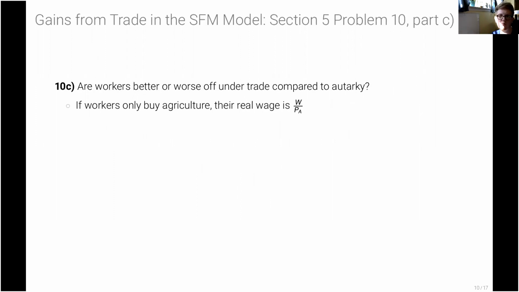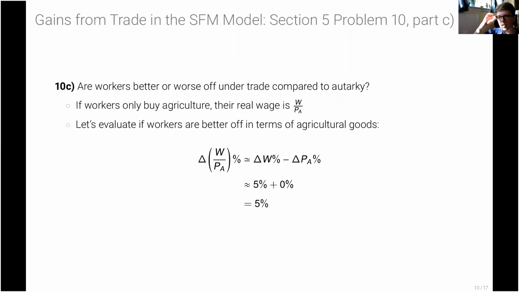Likewise, we can construct the same thought experiment for agriculture. And if workers only wanted to buy agriculture, then their real wage with respect to the price of agricultural goods is W over PA. In essence, what this tells us is if workers spend all of their income on agriculture, what's the maximum number of agricultural goods that they can consume? So that's W over PA. So taking W over PA and examining the change in it, again, the change in W over PA is just going to be approximated by the change in W minus the change in PA.